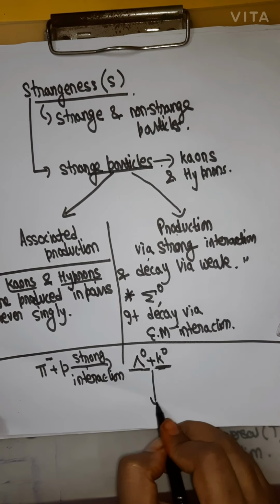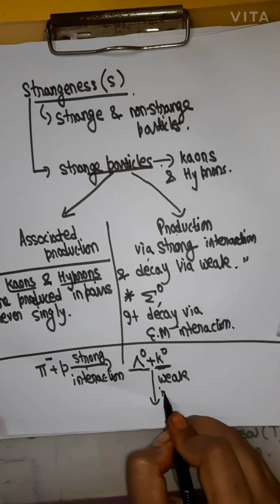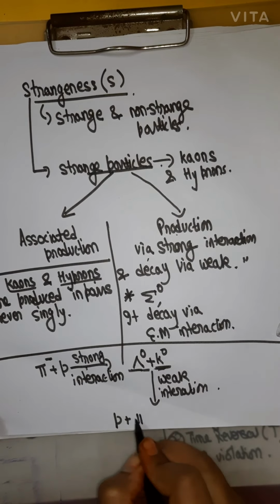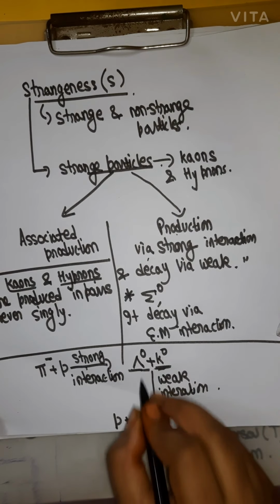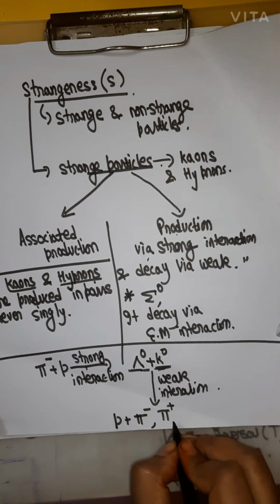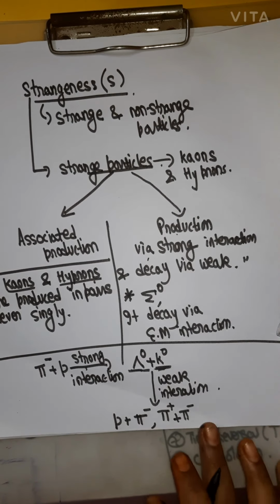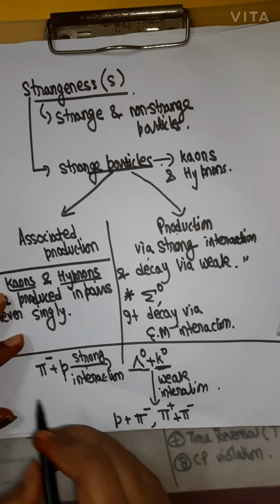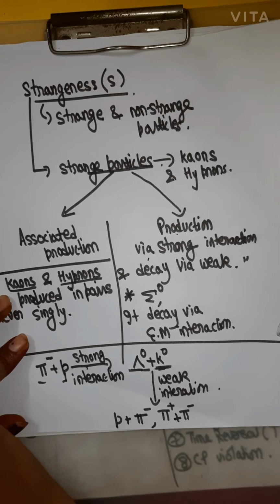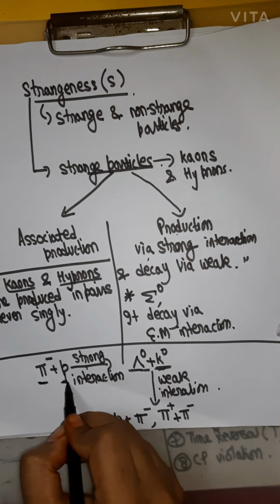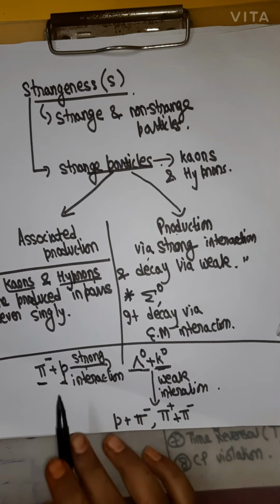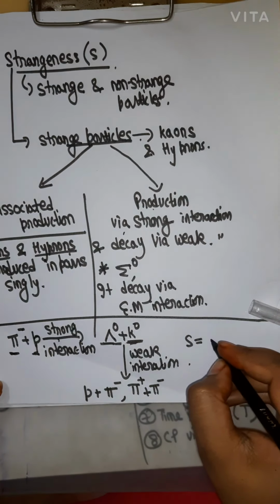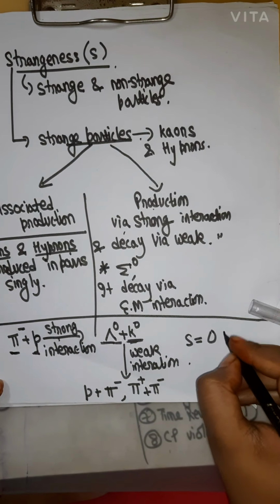Now they will decay via weak interaction: lambda gives proton plus pi minus, and the kaon gives pi plus and pi minus. Here we see an interesting fact that both of the initial particles are non-strange. So non-strange particles in the presence of strong interaction produce strange particles, and S, the strangeness quantum number, will be 0 for non-strange particles.